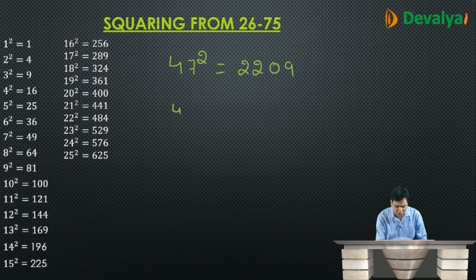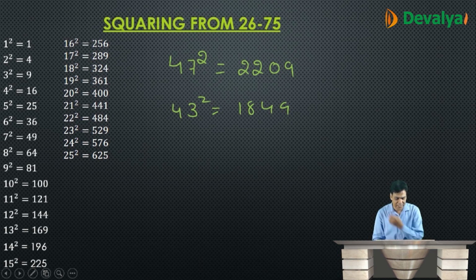So, what would be the square of 43? It's very simple. 43 squared would be 1849. How did we calculate it? I am going to tell you how my mind works.